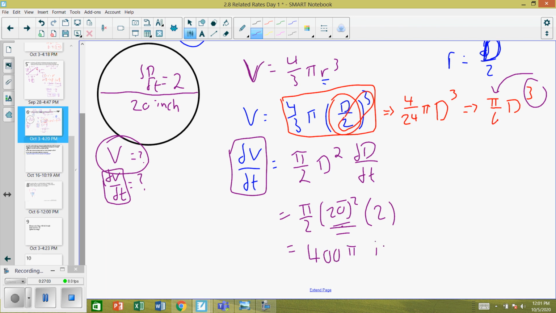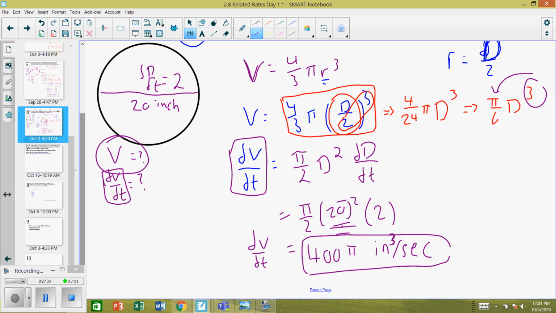I think it's inches per second, maybe. Yeah. So the rate at which my volume is changing, and actually, this is talking about volume, I apologize. This is dV over dt. So volume is actually inches cubed. Inches cubed per second. It's the rate at which the volume is changing. So there you go. All right, cool.